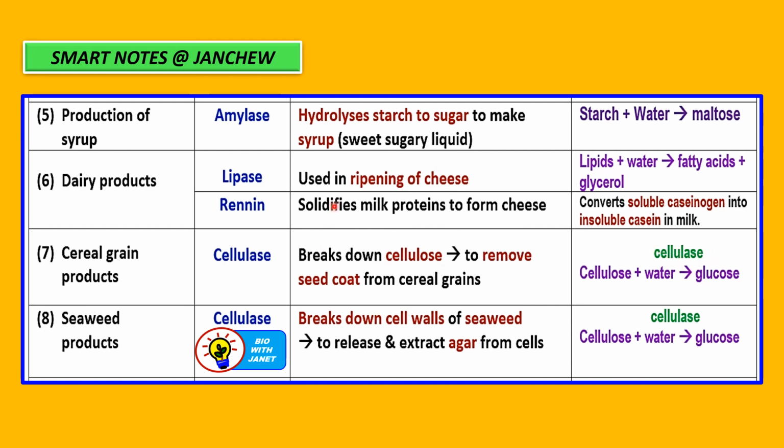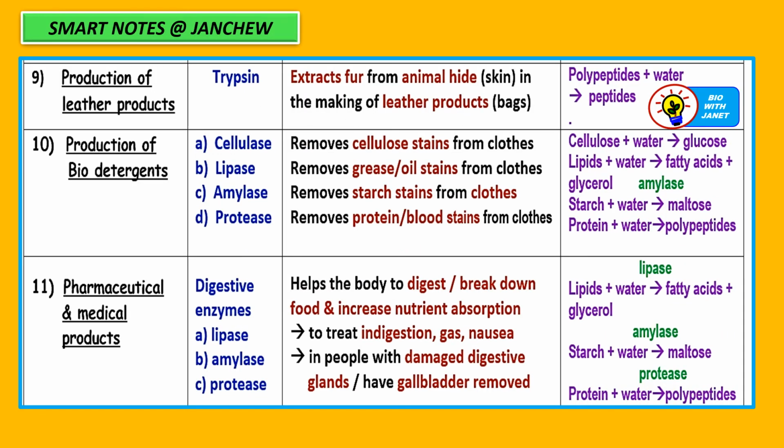All right, apart from explaining the action in words like this, you can also write down the reactions or explain the reactions in words. So you can pause the video and then copy the notes. And there's one more part, the last part here. Okay, now this is the last part of the table, the notes and the table for the types of enzymes that we need to know, some of the enzymes that we need to know.